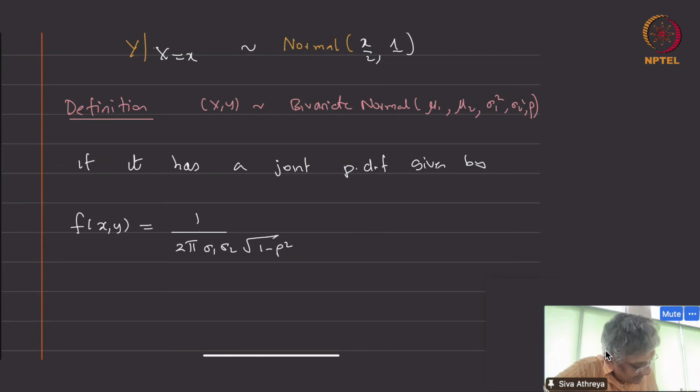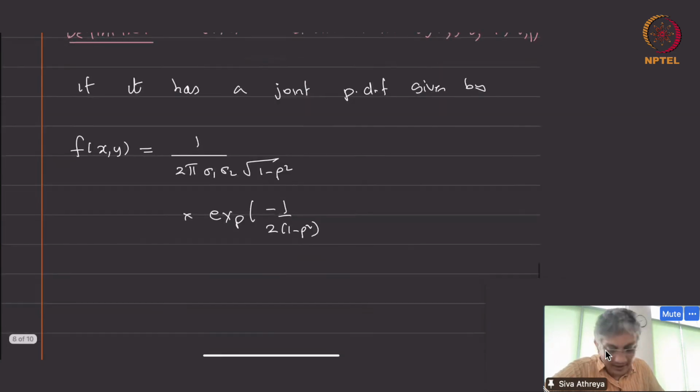And inside I'll have this times an exponent of minus 1/2 times 1 minus rho squared. The first term will look like how X behaves. So X is normal with mean mu1 and variance sigma 1 squared.